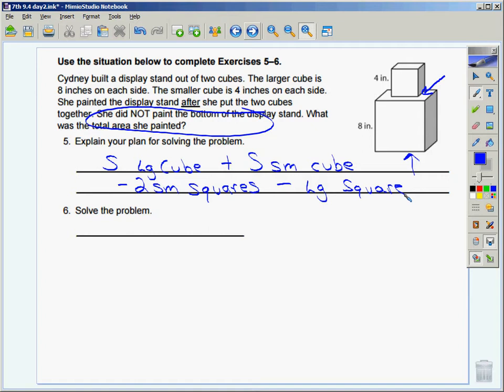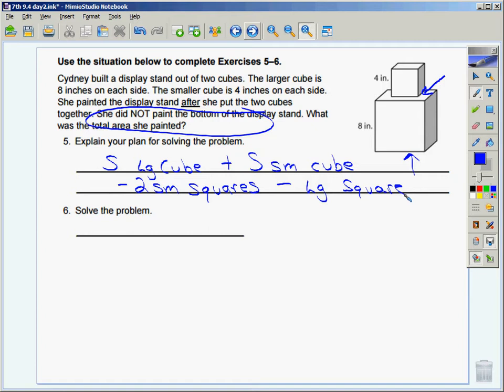Okay. I'm less worried about this one because tonight's homework, you're not going to have a problem like this. But this is how you would calculate it. You'd find the surface area of the large cube. You'd find the surface area of the small cube. You'd add them together.